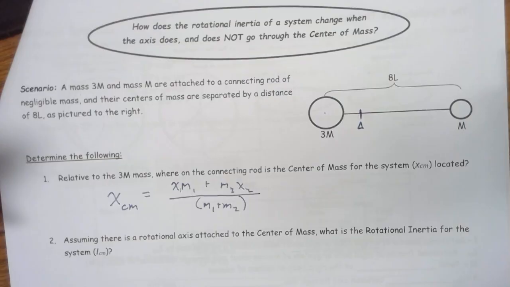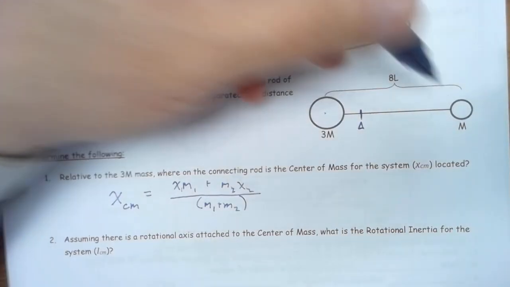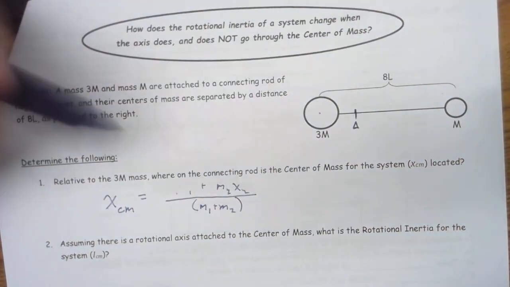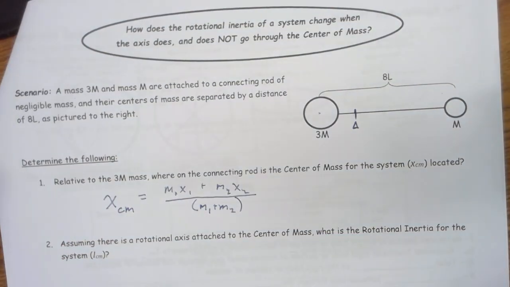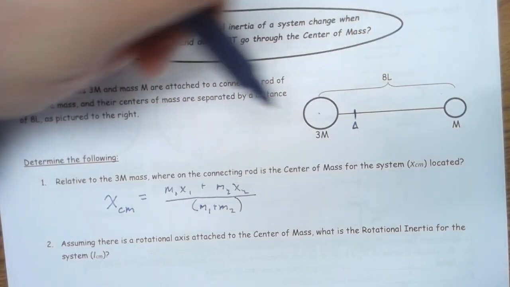That should give us the center of mass, right? For 2 points of an object. I'm going to flip these around because it's bugging me. I just wrote it before I said it. M1, X1, M2, X2.